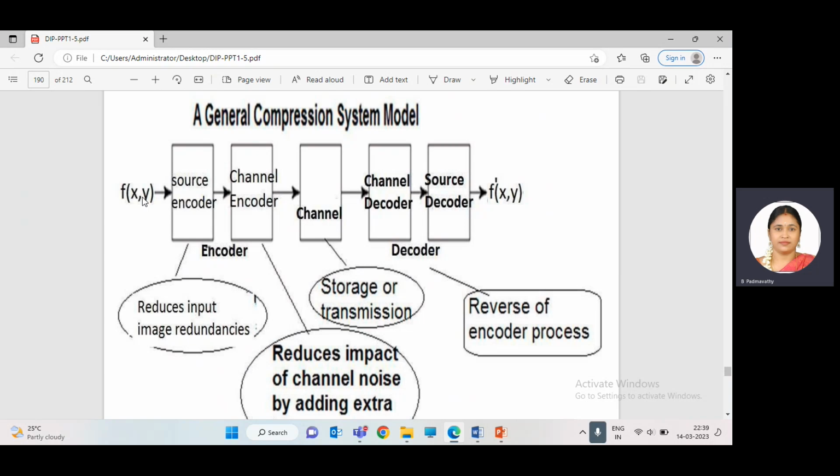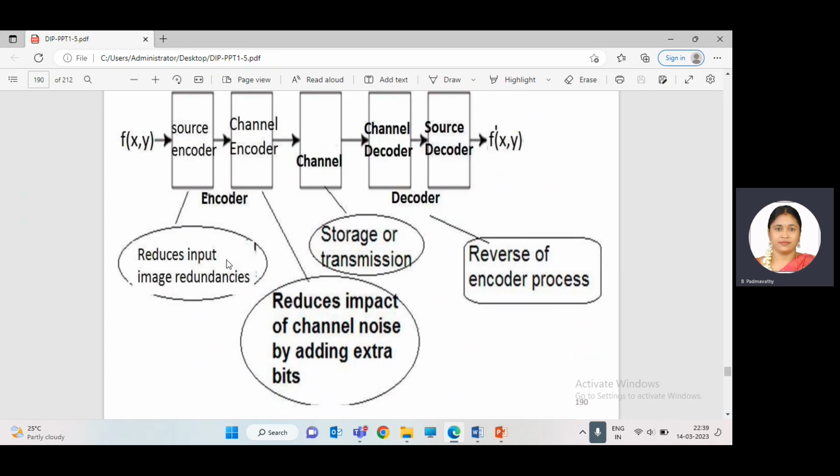The same process is done in the general compression system model. Whatever information we give will be compressed and transmitted towards the channel. After it is transmitted through the channel, it reaches the receiver side, and once it reaches the receiver side, it is decompressed again. Through the general compression system, we can reduce most of the image redundancies, and this channel is used for storage purposes.